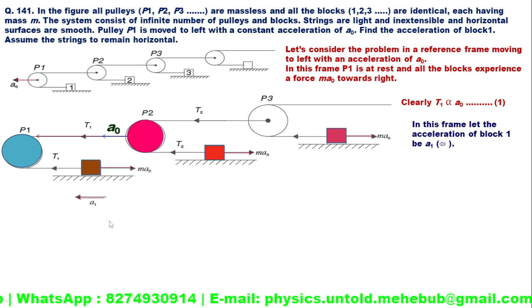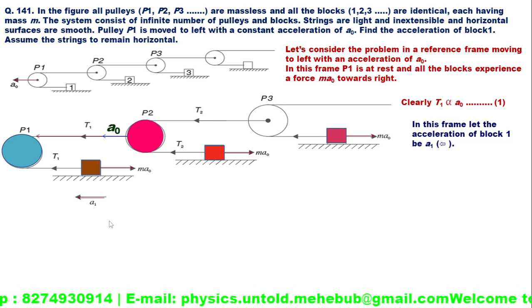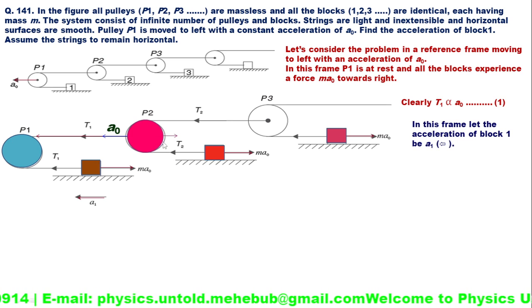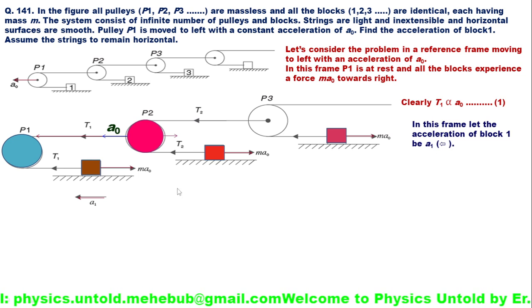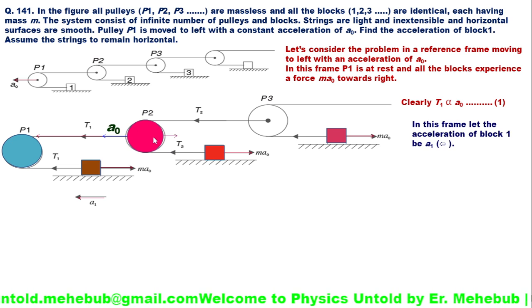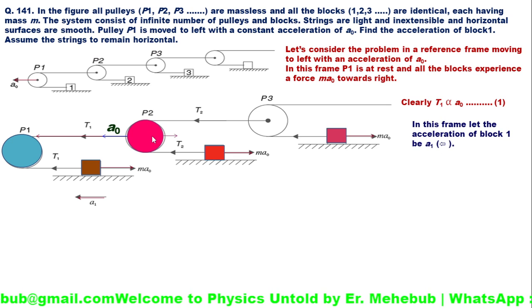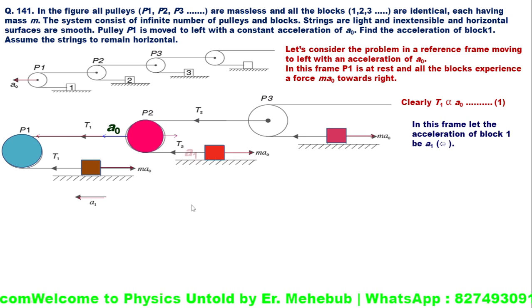Now if you think about the pulley P2, then we can say there is a tension T2, and there is an acceleration of the pulley P2 in the rightward direction.